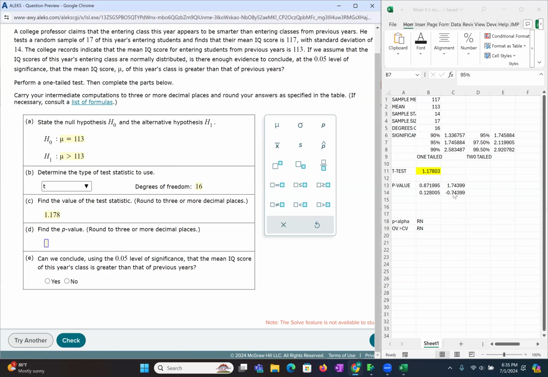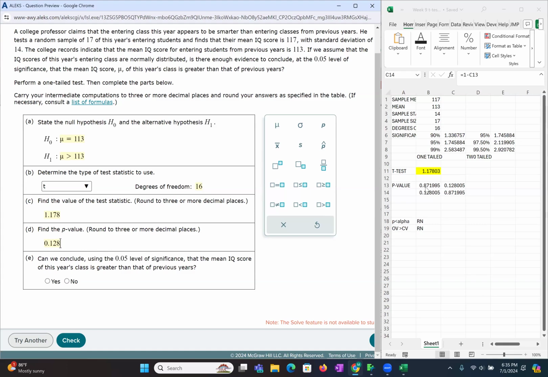It should be 0.128. It's 1 minus the lower value.